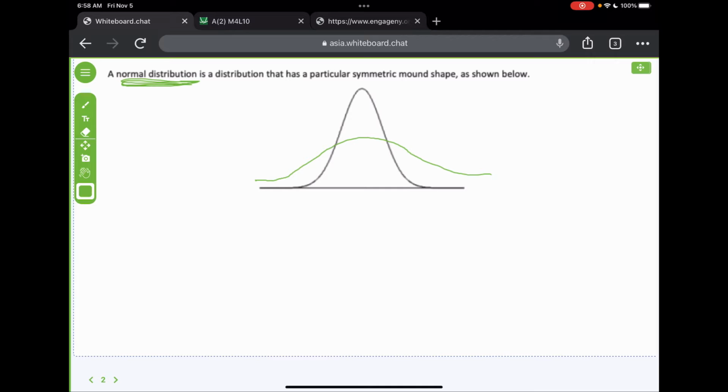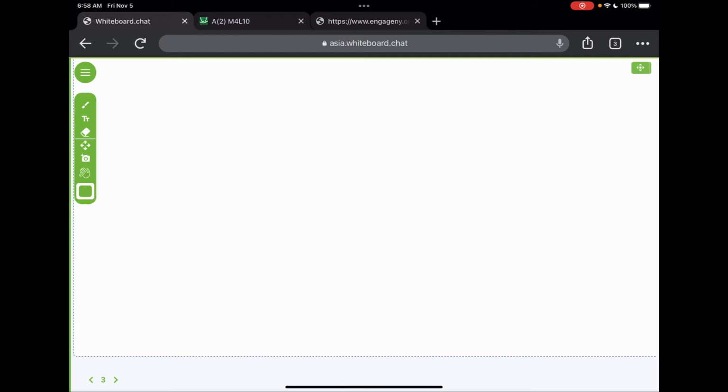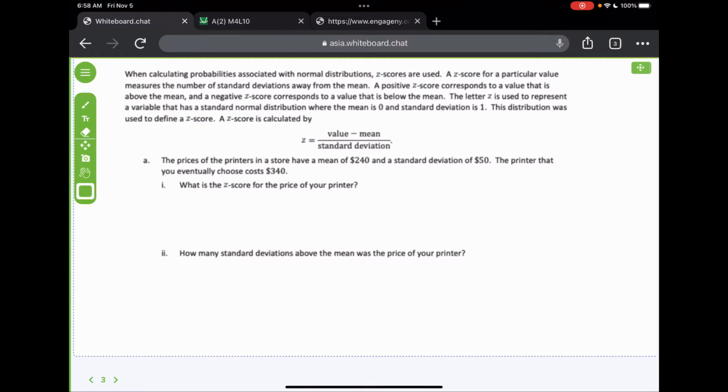Okay. Now we're going to talk about our z-scores and calculating the probabilities. So when calculating probabilities associated with normal distributions, z-scores are used. A z-score for a particular value measures the number of standard deviations away from the mean. So if you give me any value, I can tell you what the standard deviation is away from the mean.